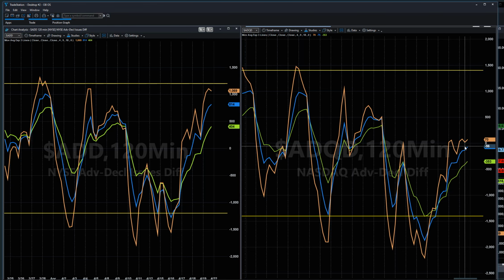But this gives the market the potential for a move to the downside, potentially a significant move to the downside.